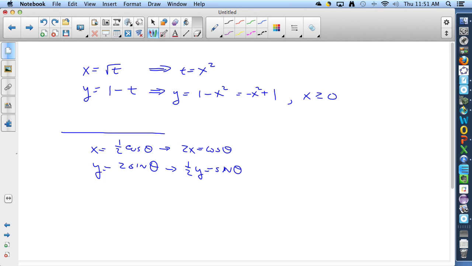Now that I know what cosine theta and sine theta are, I can use exactly that Pythagorean identity that Emily said. Sine squared theta plus cosine squared theta equals 1. Well, what is sine squared of theta in terms of y? 1/2 quantity y squared, which would be 1/4 y squared, plus 4x squared equals 1.